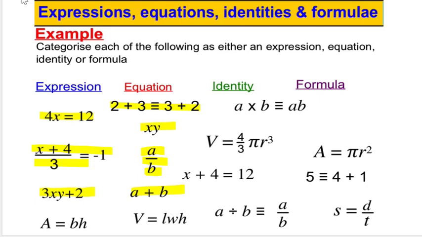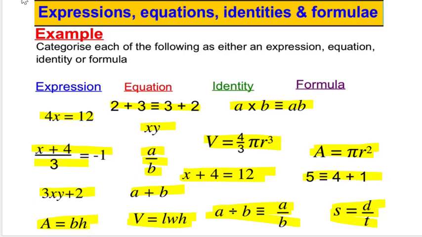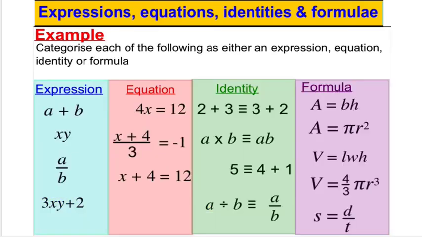And this one is the volume of a sphere, 4 over 3 pi r cube, that's a formula. The area of a circle, that's a formula. x plus 4 equals 12, that's an equation. A equals bh, area is equal to base times height. Volume is equal to length times width times height, that's a formula again, the volume of a cuboid. a divided by b equivalent to a over b, that's an identity. Speed equals distance over time, that's a formula. And 5 is equivalent to 4 plus 1, that's an identity. If we arrange it, it will look like this.